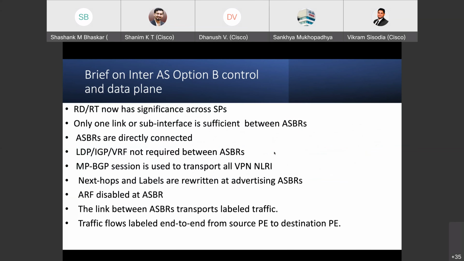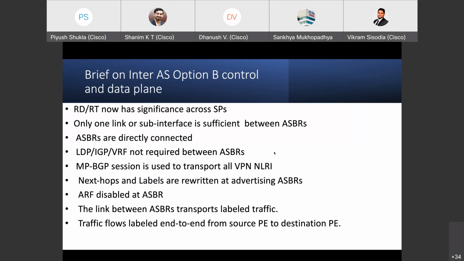Just a couple of notes on Inter-AS option B. RDs and RTs have global significance. As you can see, ASBR1 and ASBR2 are part of different autonomous systems, and since they are receiving the VPNv4 routes from the iBGP peers of their own autonomous systems, RDs and RTs become significant across the service providers.